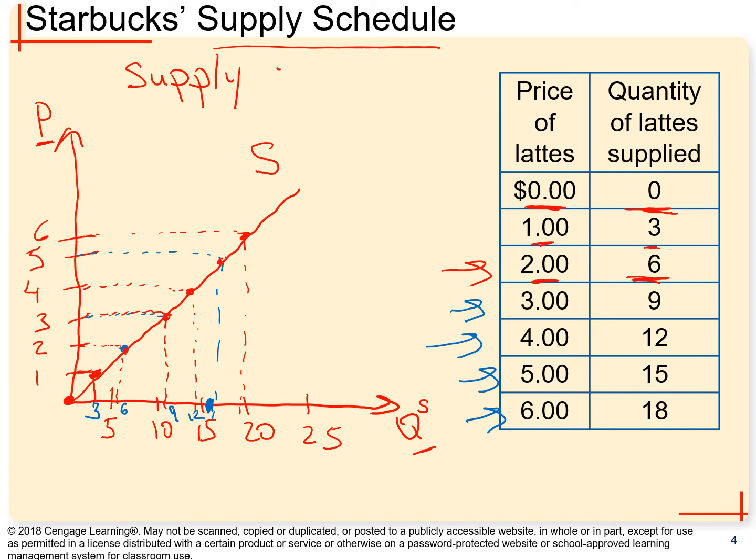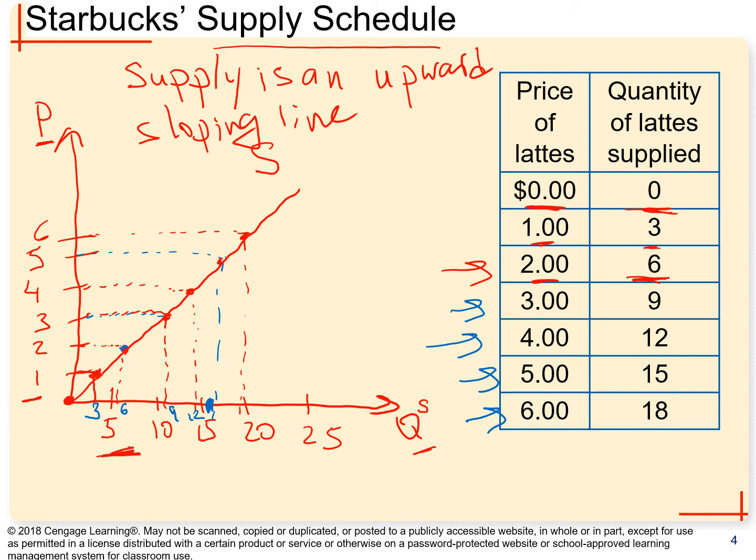So one of the characteristics that you need to remember is that supply is an upward sloping line that shows the relationship between the price of the product and quantity supplied. So from now on, if you need to draw a supply curve, remember, it is very important that the supply curve has to slope upward.